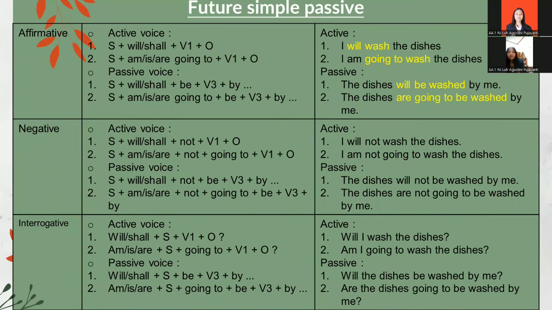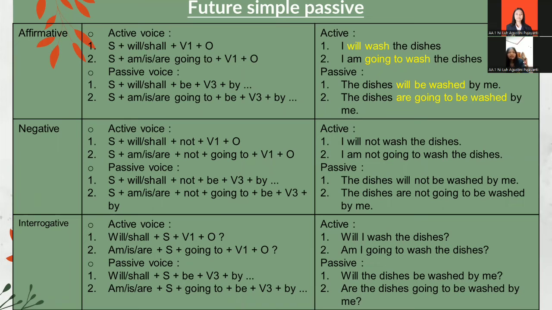In affirmative sentence, active voice has the structure subject plus will or shall plus verb 1 plus object. So the second structure is subject plus am or is or are, going to plus verb 1 plus object. So the examples are, I will wash the dishes. I am going to wash the dishes.